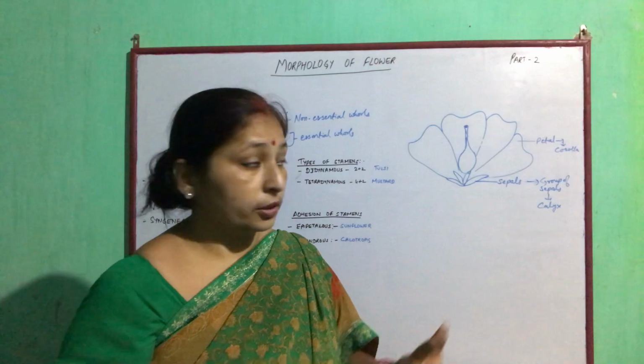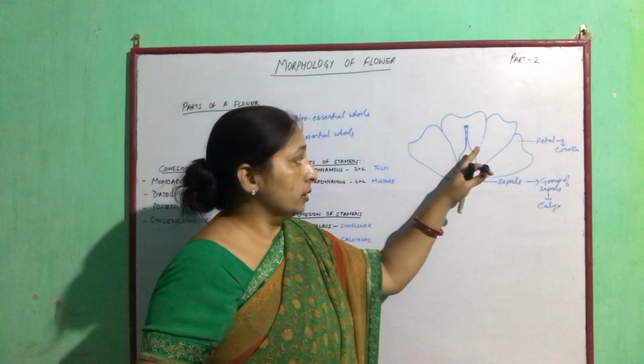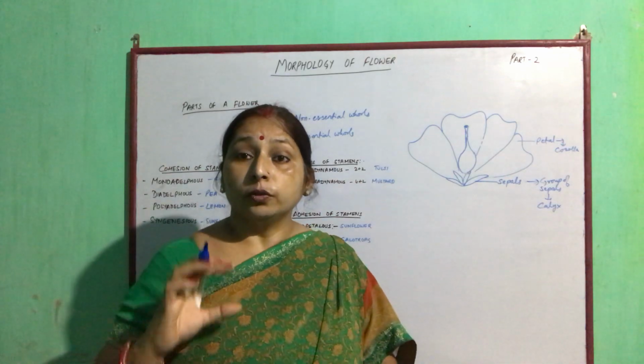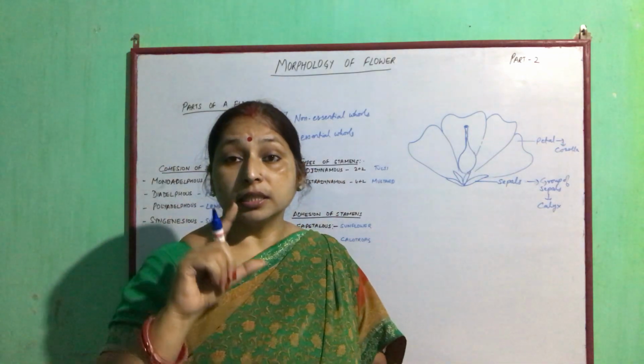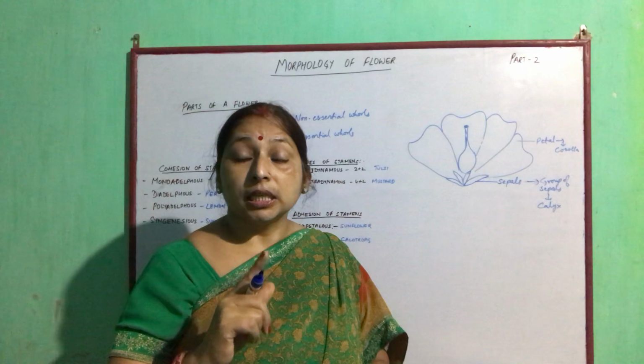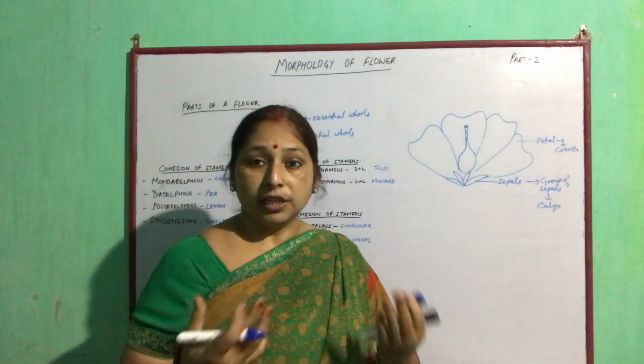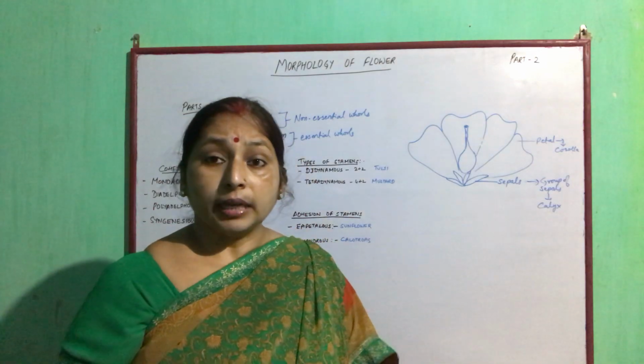Sorry, students. Here are the stigma, style and ovary. Together, one unit is termed a carpel or pistil, and the complete female part is the gynoecium.